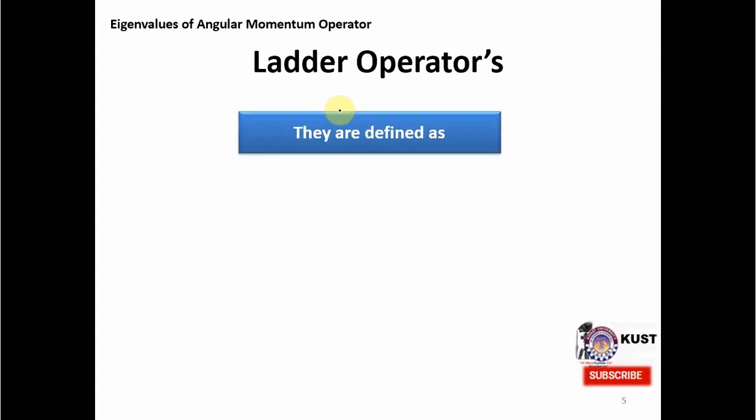Ladder operators are defined as follows. For example, let's call one of them J plus. By definition, we will make it out of Jx and Jy: some linear combination of Jx and Jy will give us J plus. This is just the definition, and you will see that it will be very helpful when we derive the eigenvalues of J and J square.